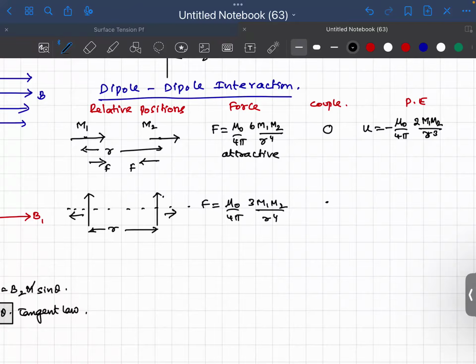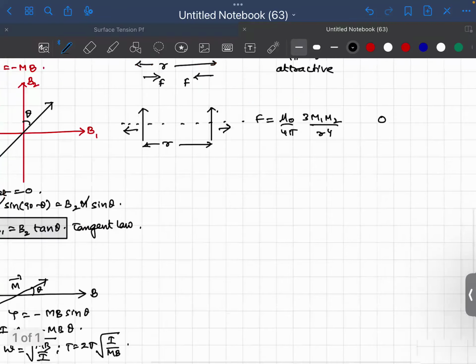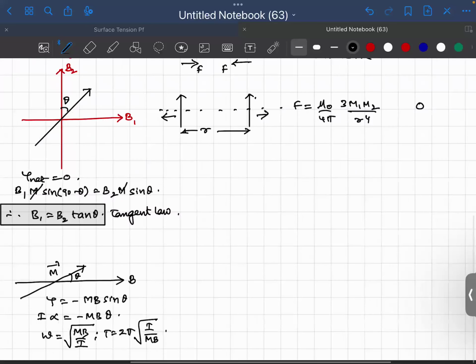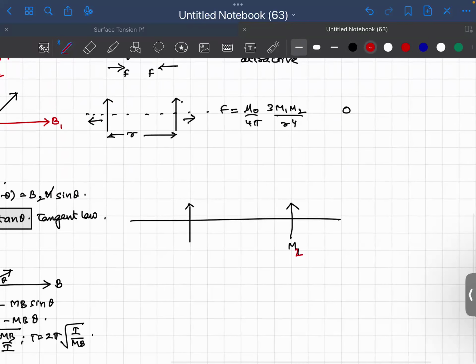Even now there won't be any couple. Direction: you do left arm, right, downward direction. You did follow this in electrostatics. For example, due to M1, due to M2, the field here is in this direction.